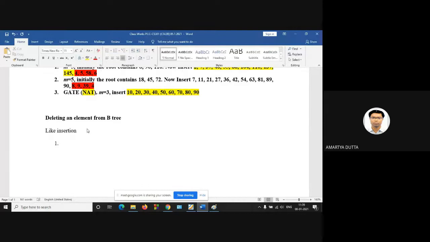Like insertion, the deletion can also be done from leaf.